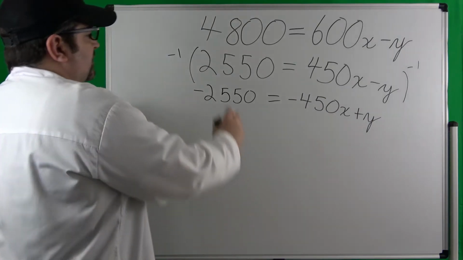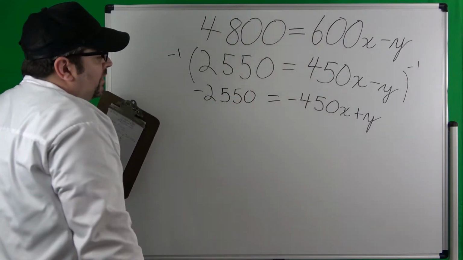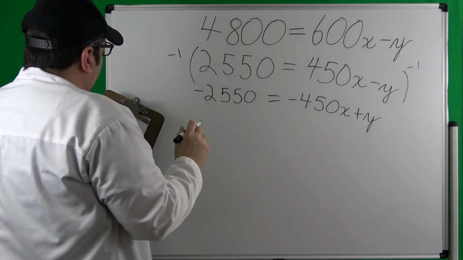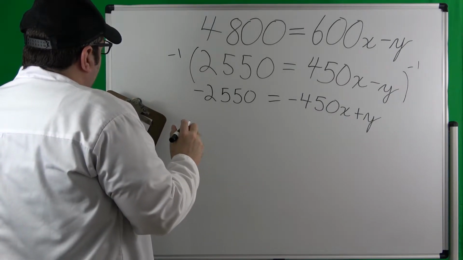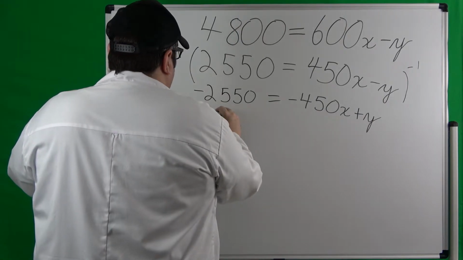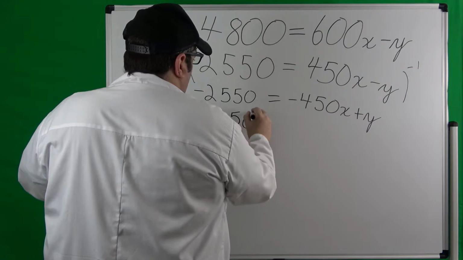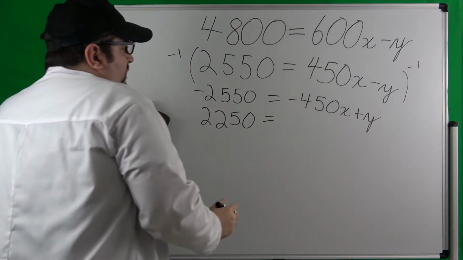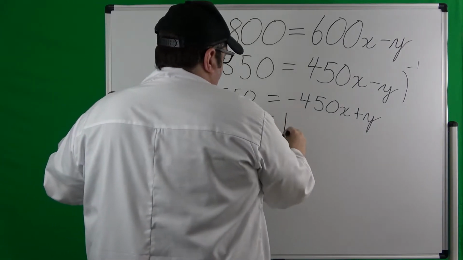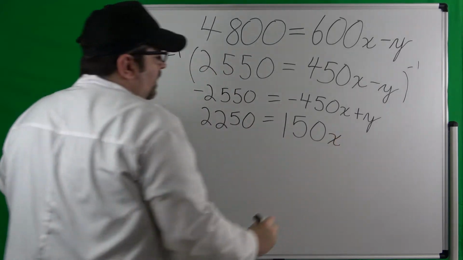Okay, now let's just add this equation and this one. So 4,800 minus 2,550 is going to give us 2,250 equals 600 minus 450 would give us 150, right? 150X.